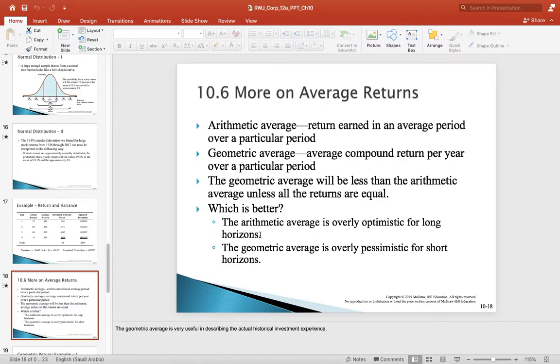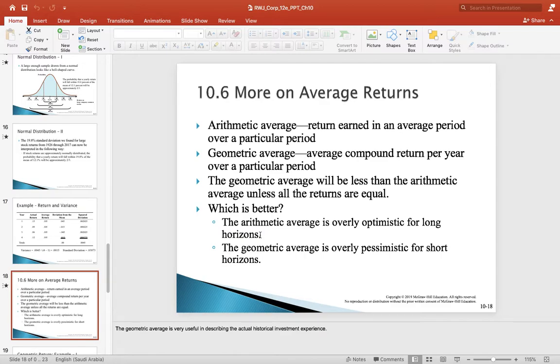For example, you got 3 years' returns: 10%, 15% and 5%. So the total return is 10 plus 15 plus 5, which is 30, divided by 3, equal to the arithmetic average. Simply, the returns are added and averaged.